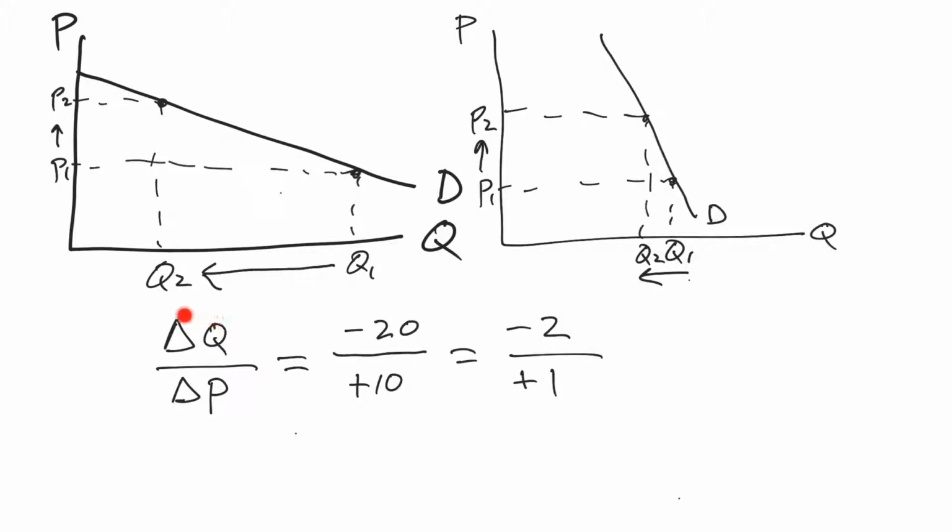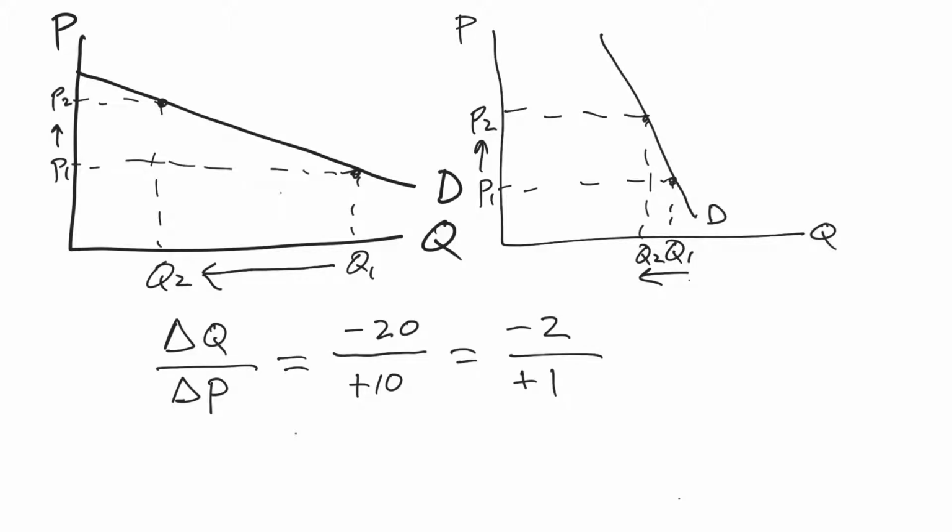So anytime we change the unit of measurement in quantity, again, this whole ratio is going to change, and we're not going to know if people are changing their behavior towards a good or if it's just a change in the units of measurement. So that doesn't work out very well. This here, change in quantity divided by change in price, not a good measure of sensitivity.